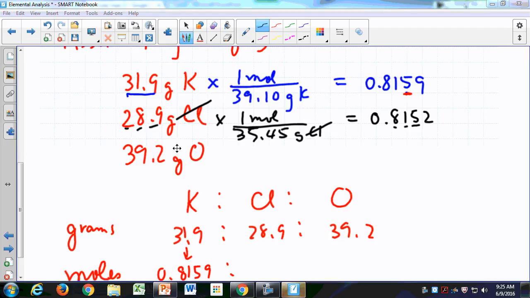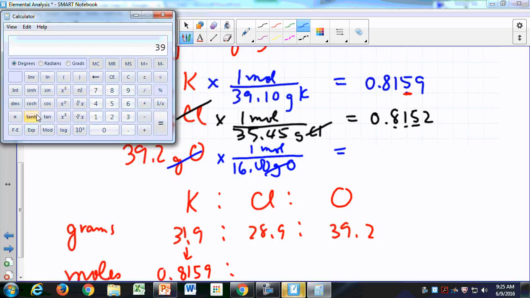And finally oxygen. By now you should have memorized the molar mass of oxygen: it's 16.00 grams per mole. So times 1 mole of oxygen divided by 16.00 grams of oxygen. That cancels out grams, and 39.2 divided by 16 gives you 2.45.